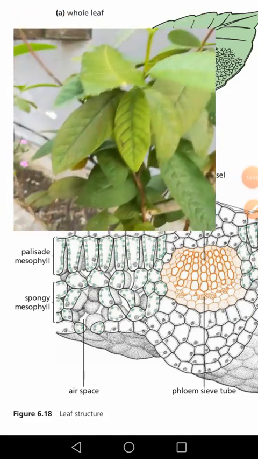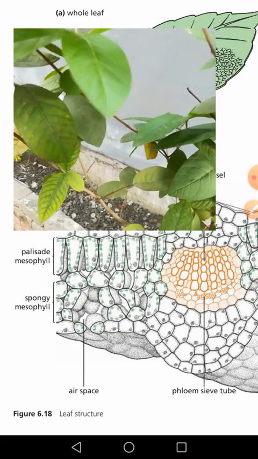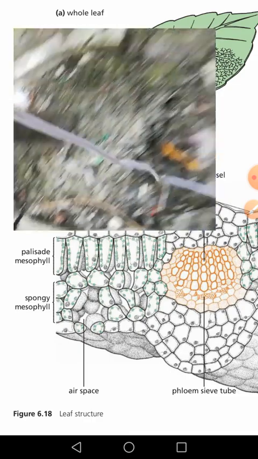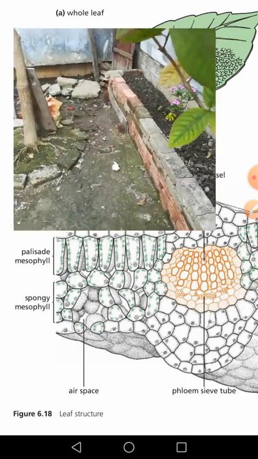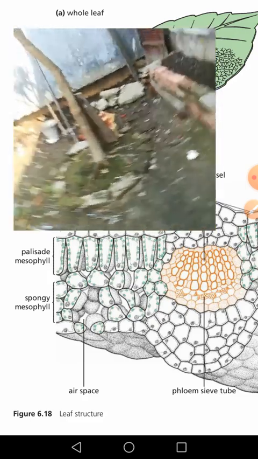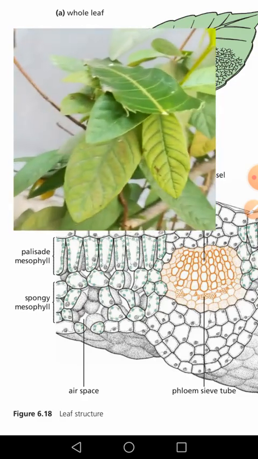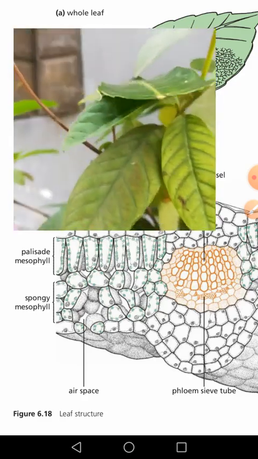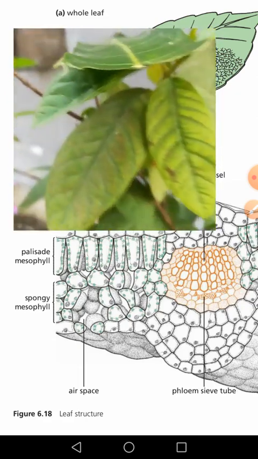Now let's look. The top surface of the leaf does not contain any stomata, but the bottom surface of the leaf contains a lot of stomata.